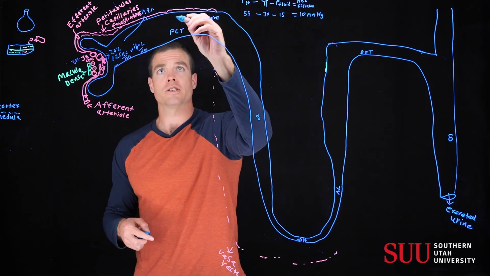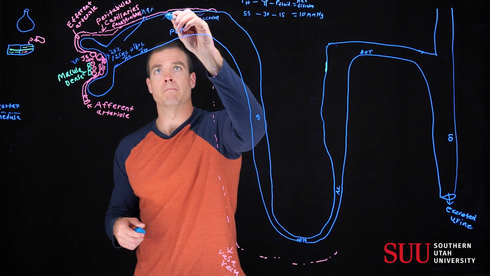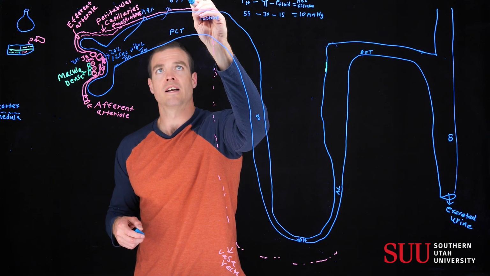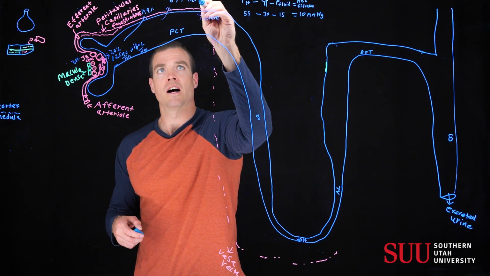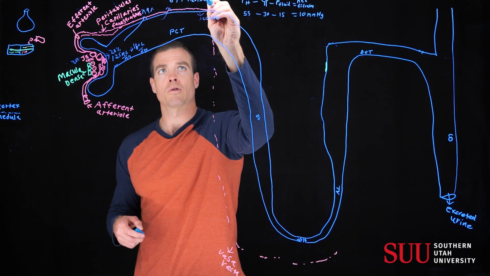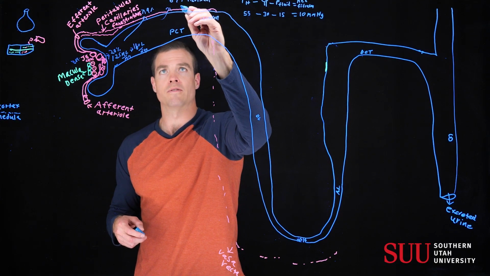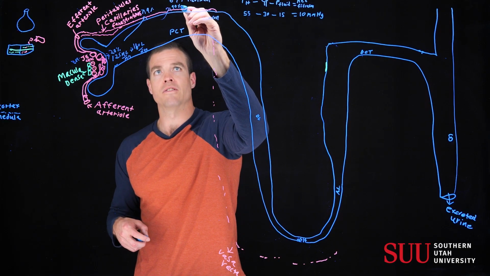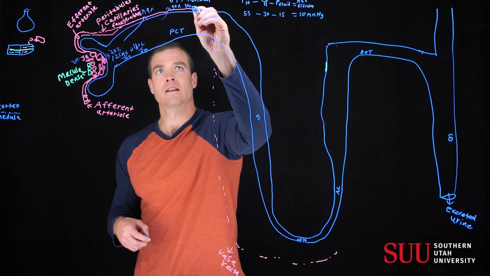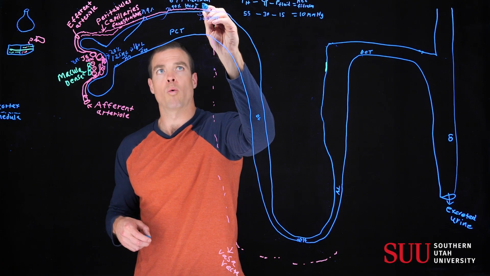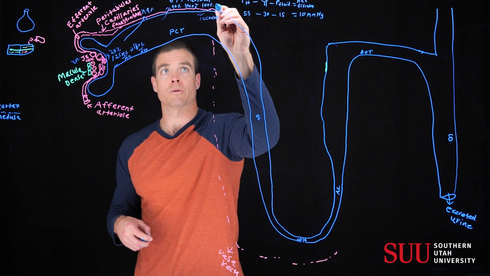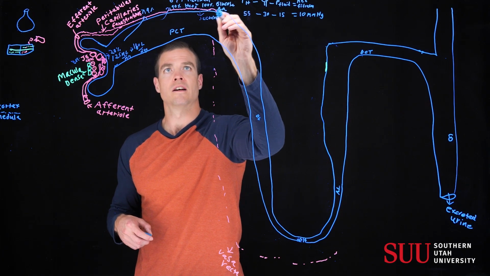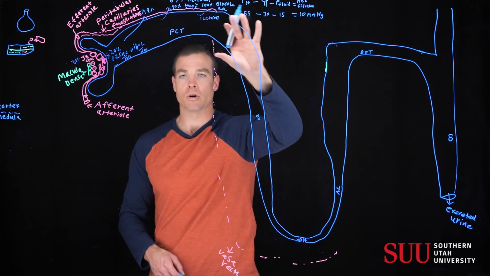In fact, you are absorbing back right here around 67% of your H2O, of your sodium chloride, about 90% or so of your bicarbonate ions, and 100% under normal situations of your glucose and amino acids. All right, so again, you're absorbing out most everything.